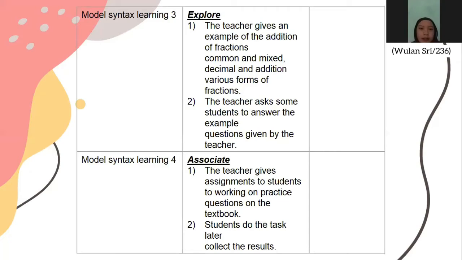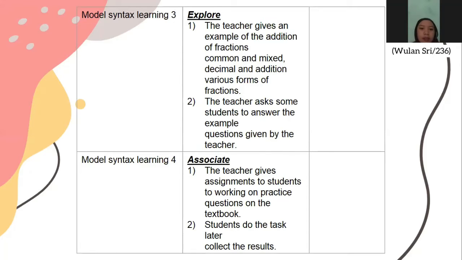Model syntax learning 3. Explore. 1. The teacher gives an example of the addition of fractions, common and mixed, decimal, and addition of various forms of fraction. 2. The teacher asks some students to answer the example question given by the teacher.